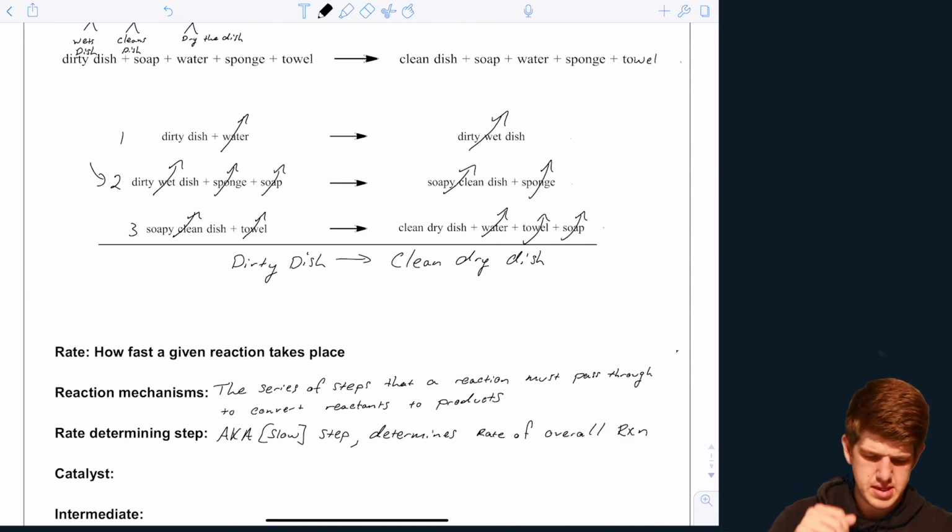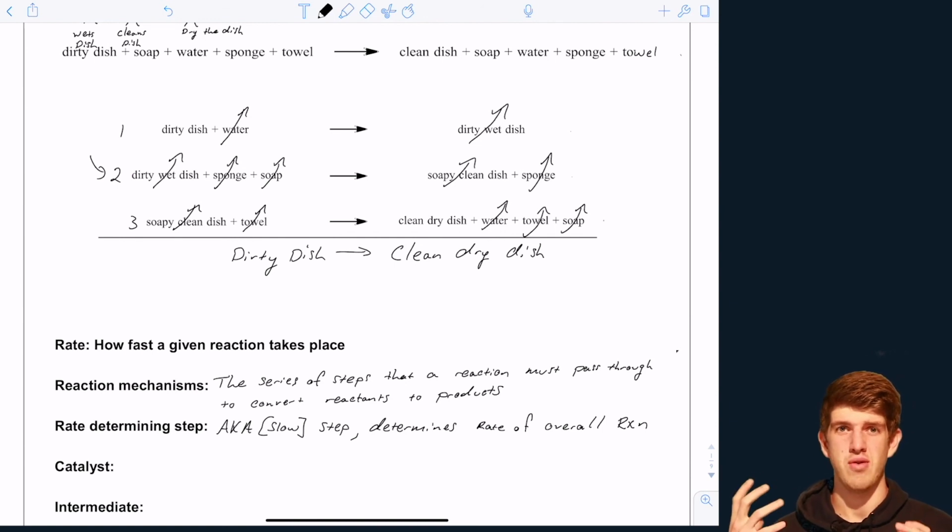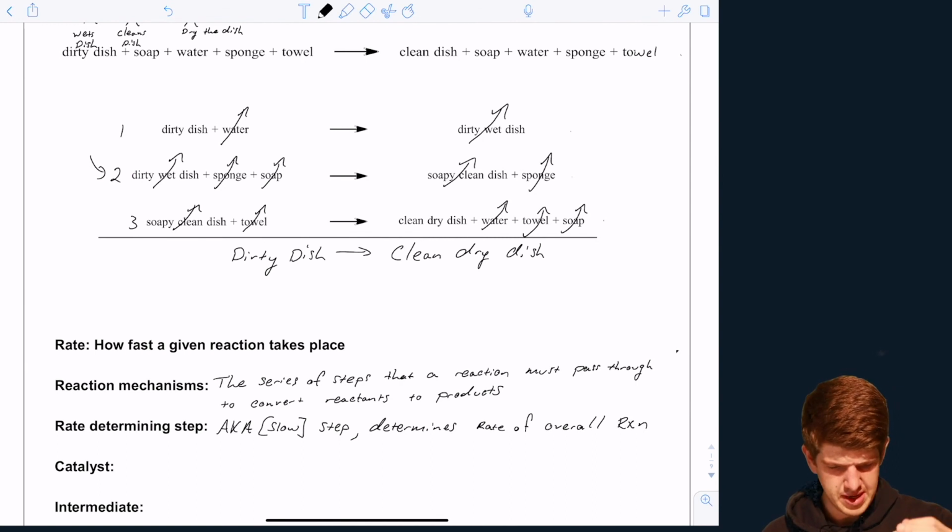A catalyst is some kind of substance that is not used up in the mechanism. So I start with it, and at the same time, I end with it. So an example of that would be, let's say, the sponge.